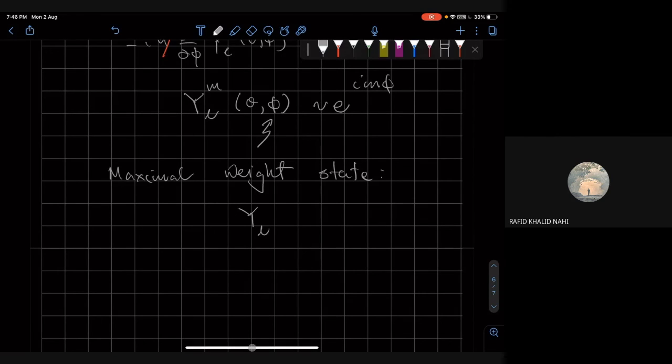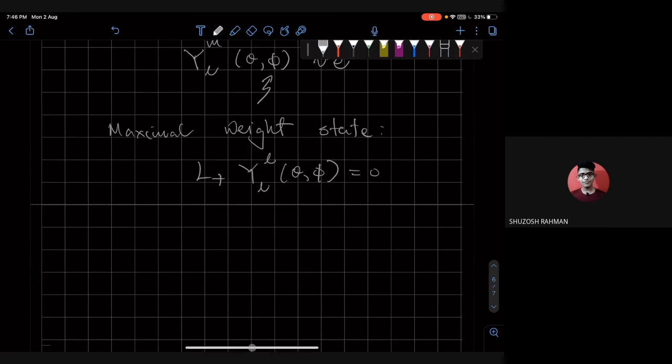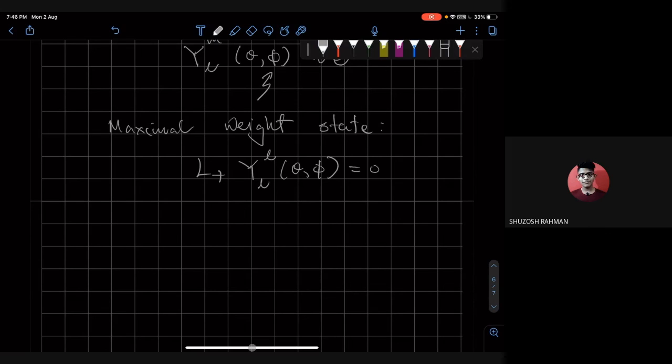If the given value is L, then the highest value of m is L, right? So if I apply L plus on it, what should I get? 0. Right. Now I use the explicit expression for L plus, which is h bar e to the power i phi times (del by del theta plus i cot theta del by del phi), acting on Y_LL, and that equals 0.